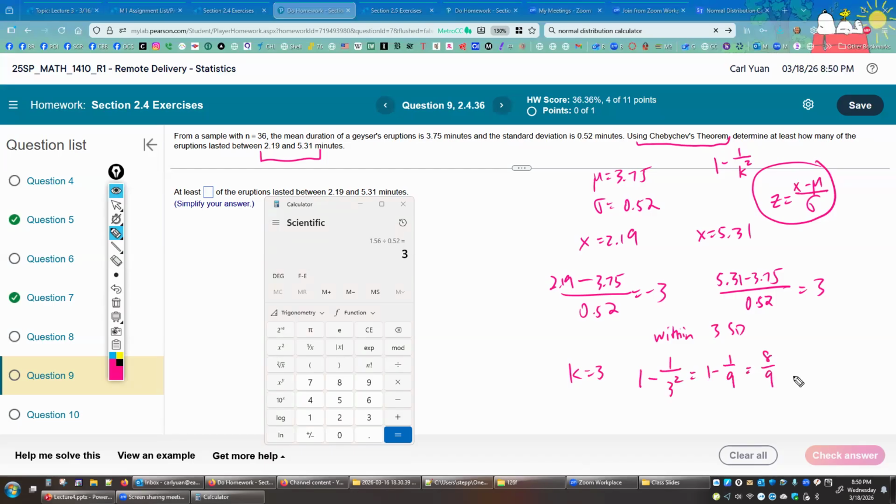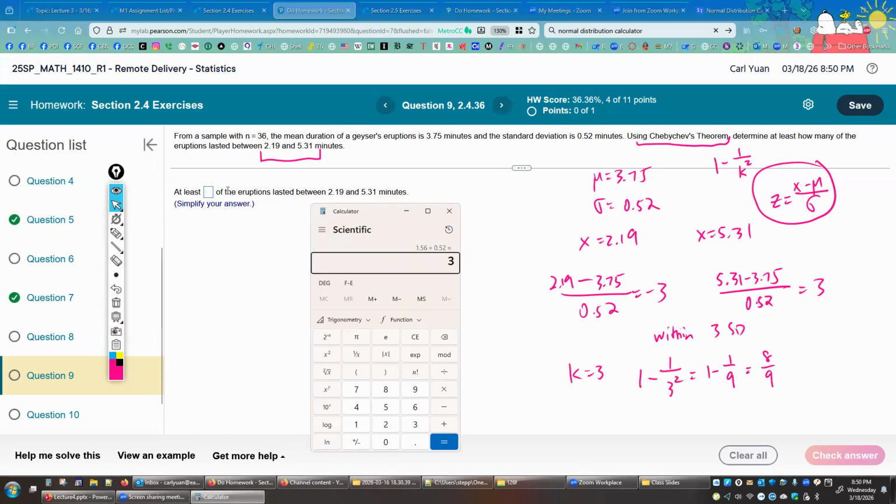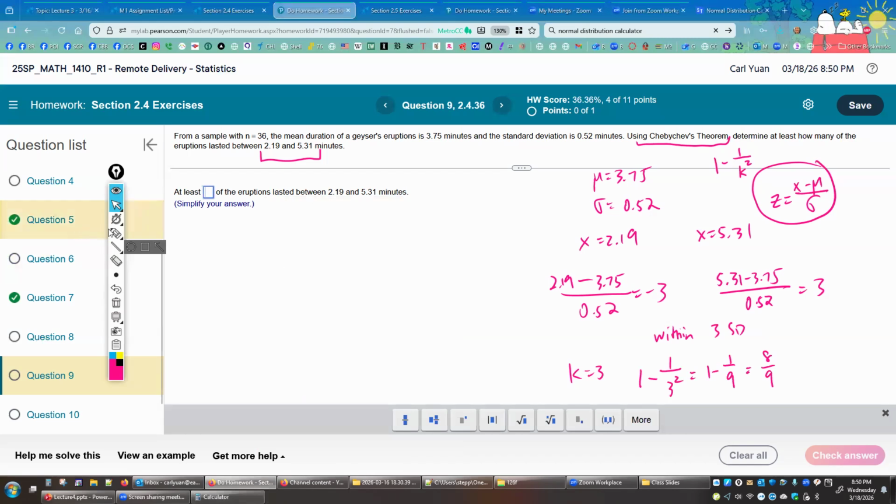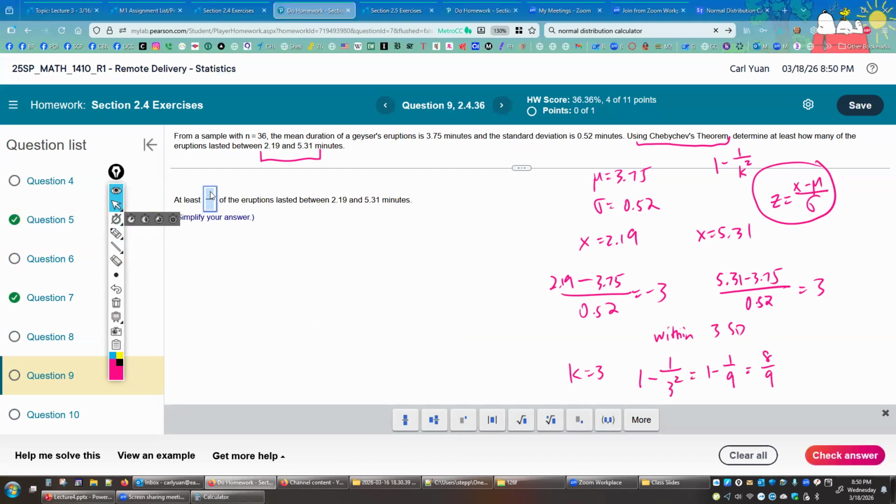I think they want a simplified fraction. It says simplify your answer. So I'm going to use the fraction tool and put 8 on top and 9 on the bottom. Let's see if they like it.